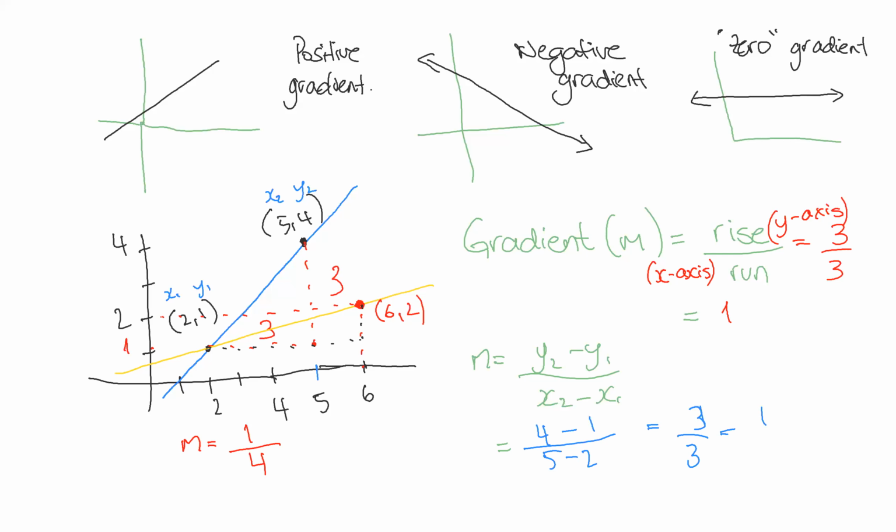Can you see that? So if our gradient is like 10, 11, 12, or 100, what do you think the line's going to be? Is it going to be a steep line, or is it going to be like a straight line? What do you think?